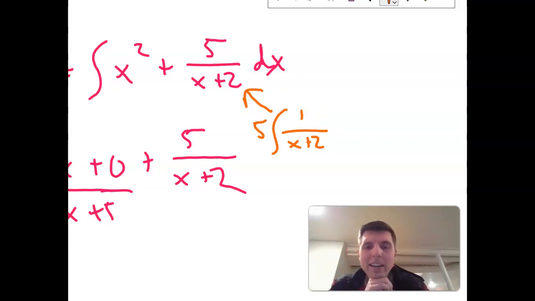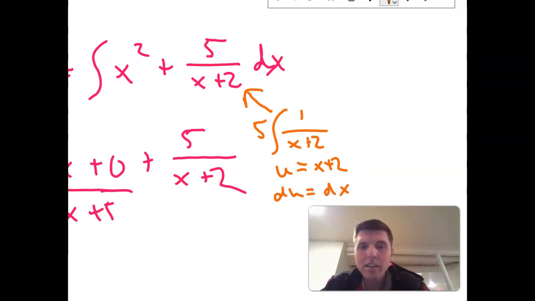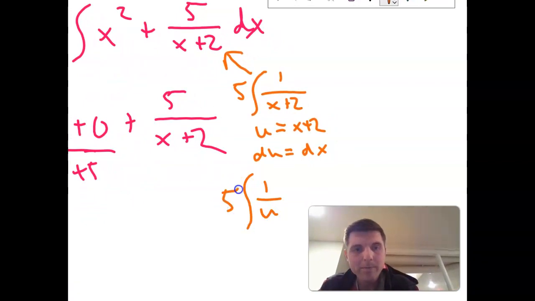Now it looks kind of like a natural log, but it has that plus 2 on the bottom. So you could actually say this is a u-sub problem, and du is just dx. So then instead of writing 1 over x plus 2, you could just write 1 over u. And then we could integrate it pretty easily.